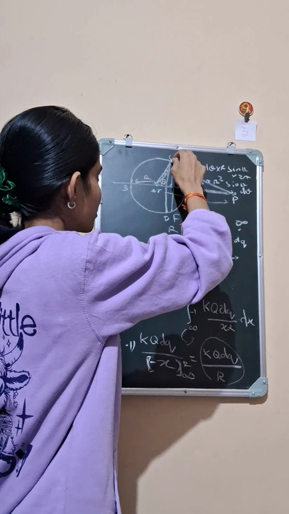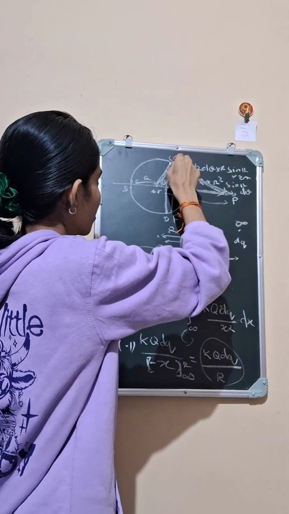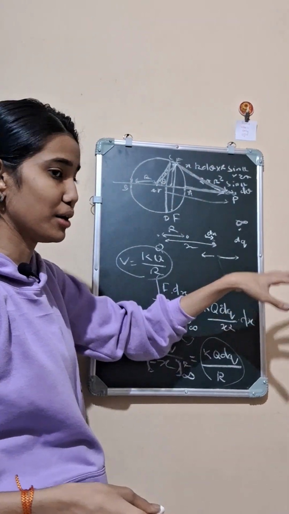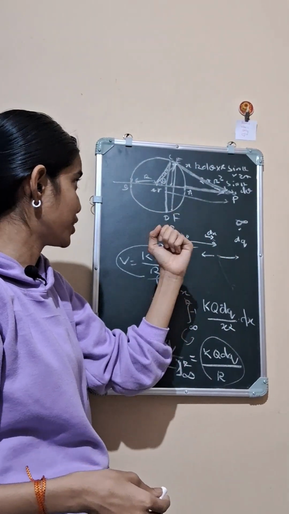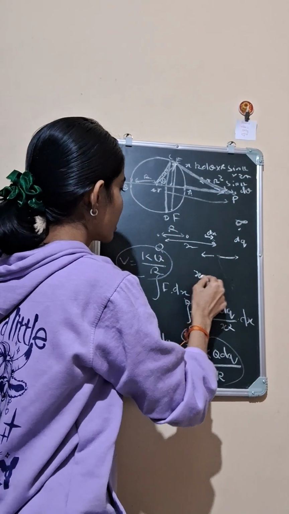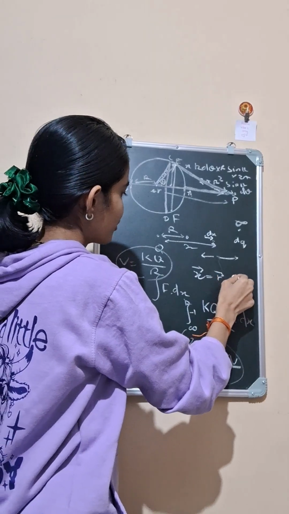So from this we can see that here we have a polygon, right? So from this we can do vector addition and see that x vector will be equal to small r vector minus capital R vector.